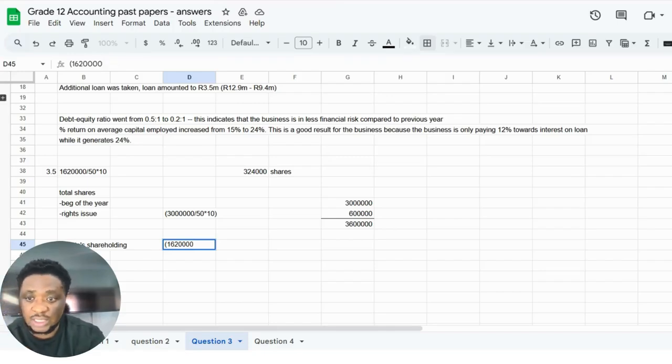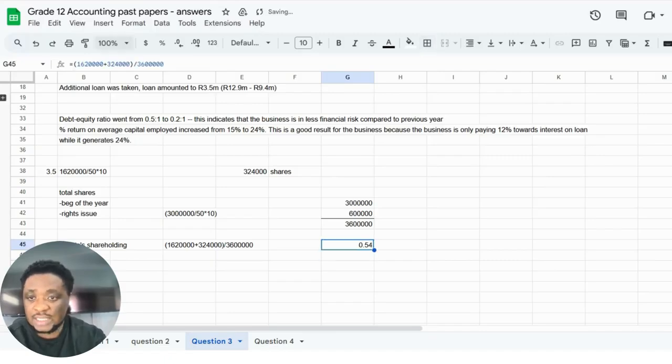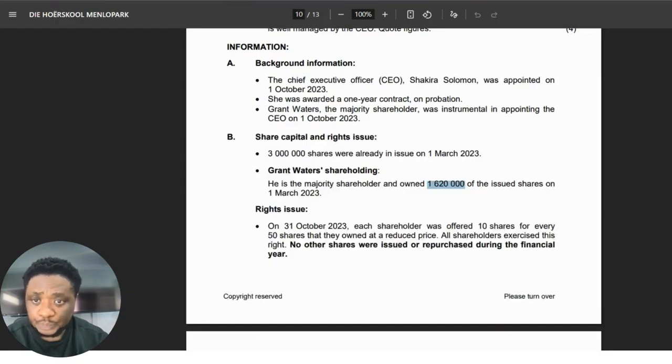Yes, 1,620,000, plus the additional shares that he purchased, which was 324,000. Then we divide by the total number of shares in issue, which is 3,600,000, and multiply by 100 to get a percentage. Since I'm doing it on Excel, I'll just get the percentage right here. You can see that Grant's shareholding after that share issue is 54% of the company, which makes him the majority shareholder still.